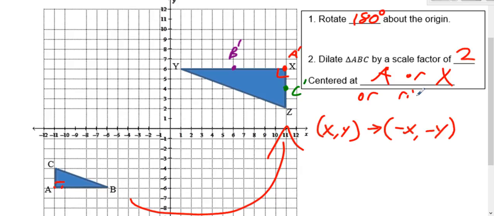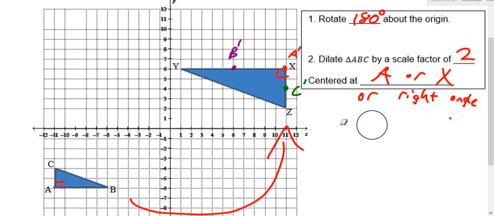Or you could name that point, which is 11, 6. There's lots of ways that you could word that. I should say A prime.